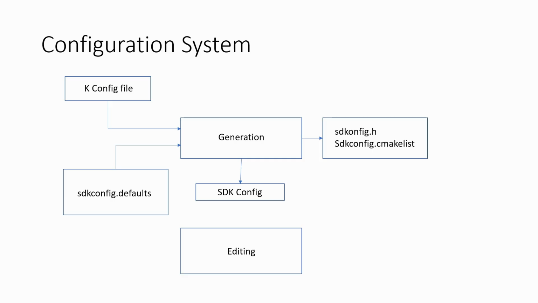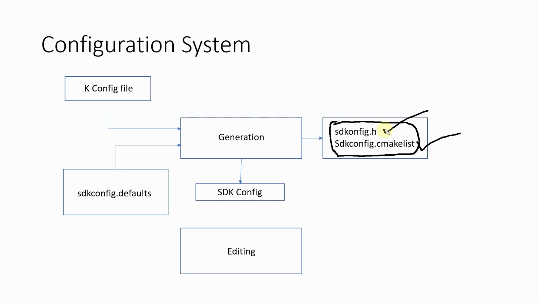Each component defines its config in a Kconfig file in the configuration system, which is designed to create sdkconfig.h and sdkconfig.cmake files. So the main motto of the Kconfig configuration system is to create an sdkconfig.h and sdkconfig.cmake file, which has a set of compile time configurations that can be used in C code and also in CMake code.